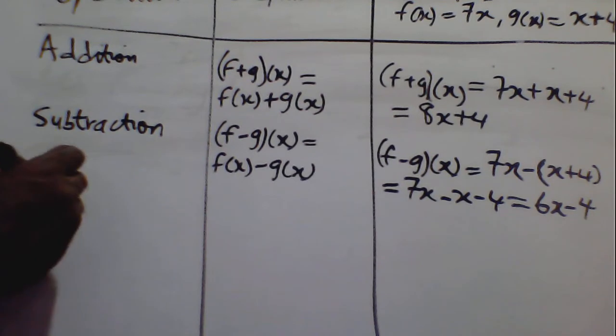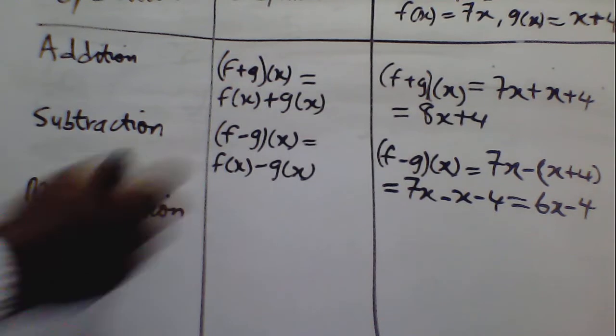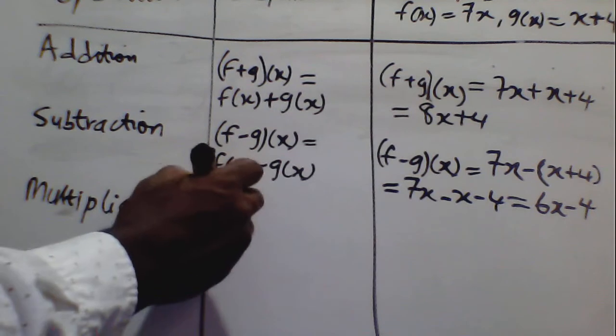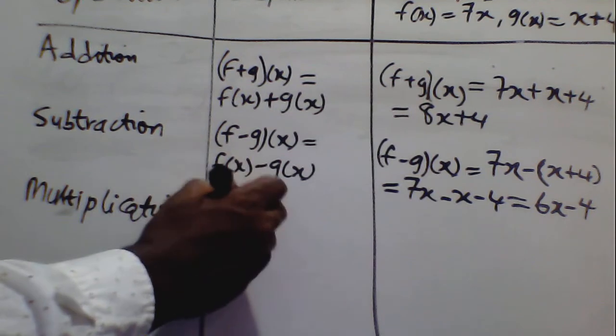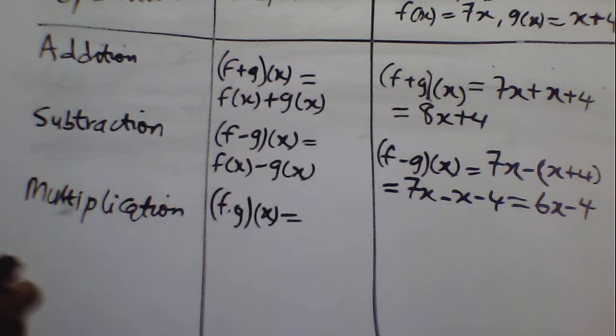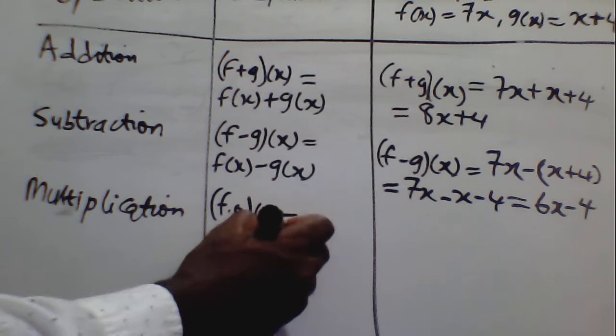So multiplication. Also we can create a new function by multiplying two already existing functions. So from here we have fg, they are functions of x. This is equal to f of x times g of x.